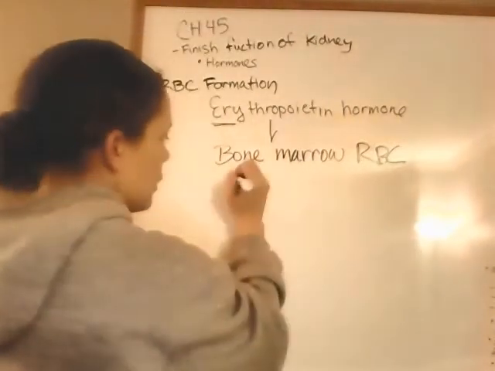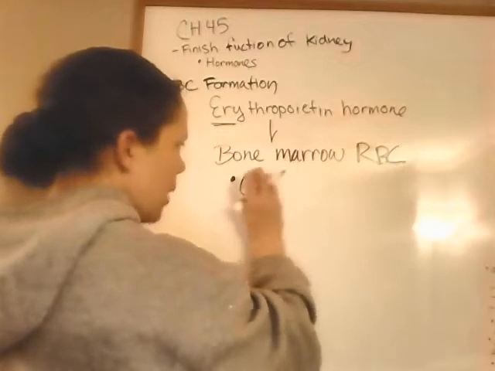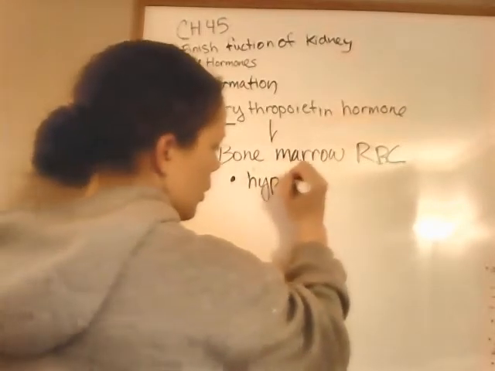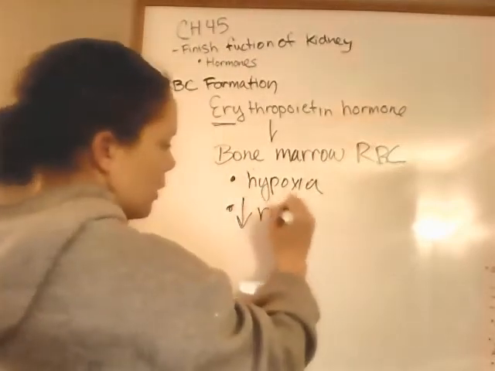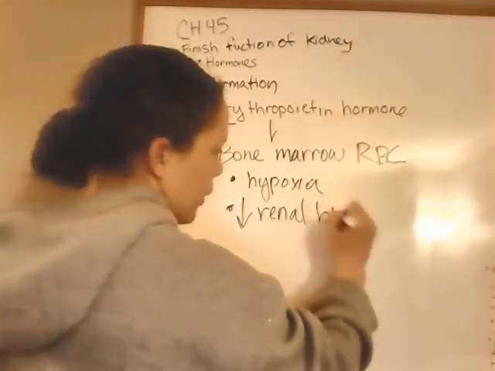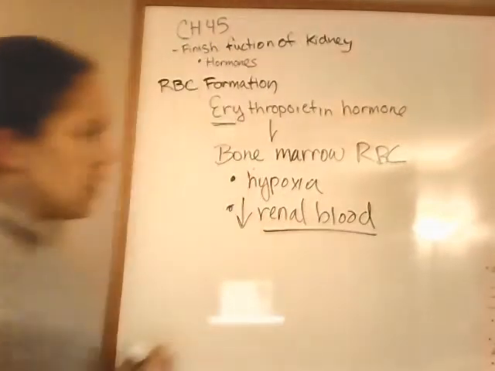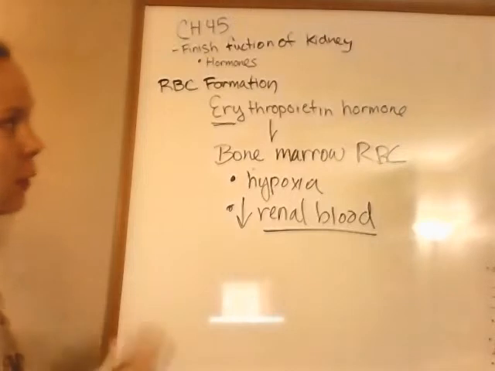It's going to produce more red blood cells, and it's doing this because the body senses either hypoxia or a decrease in renal blood flow. So the functioning unit of the kidneys, the nephron, is going to identify when it's not getting enough blood and when it's not filtering enough.